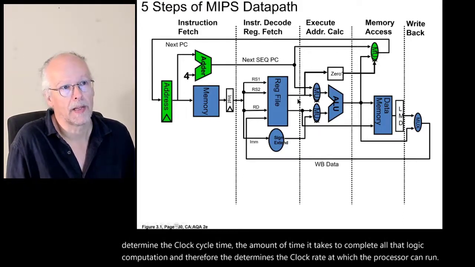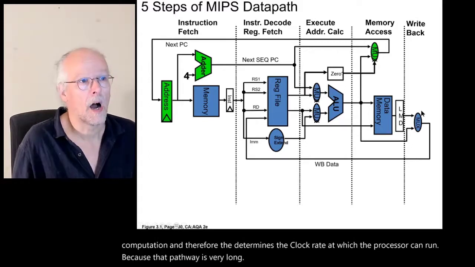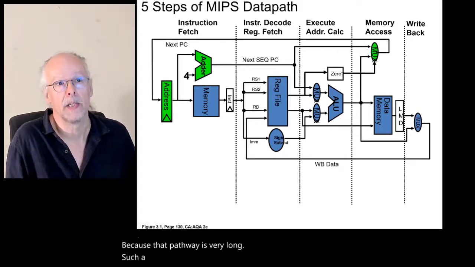Because that pathway is very long, such a non-pipelined processor is going to run very slowly.